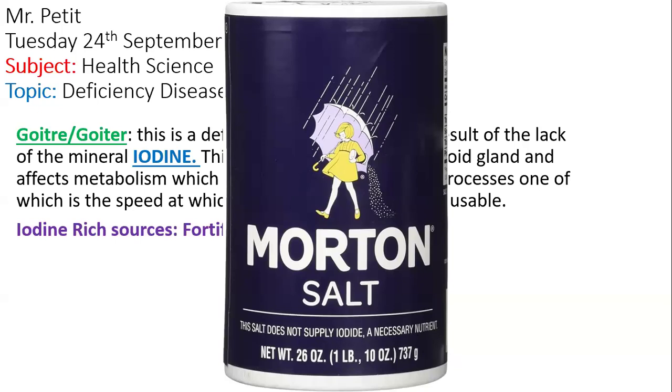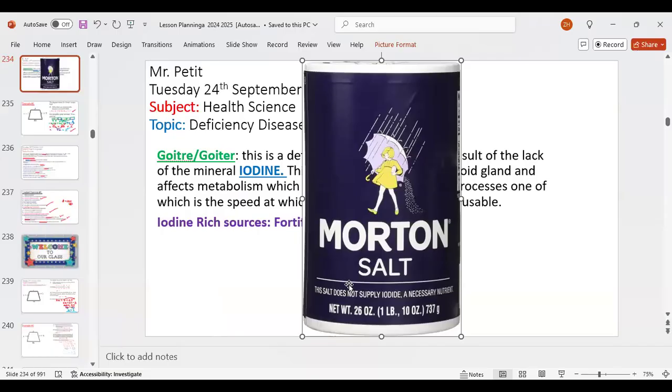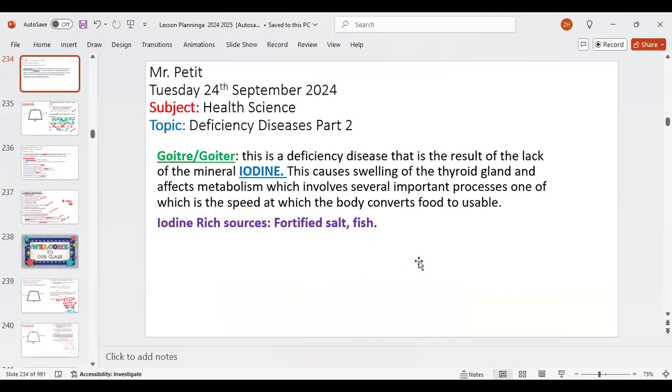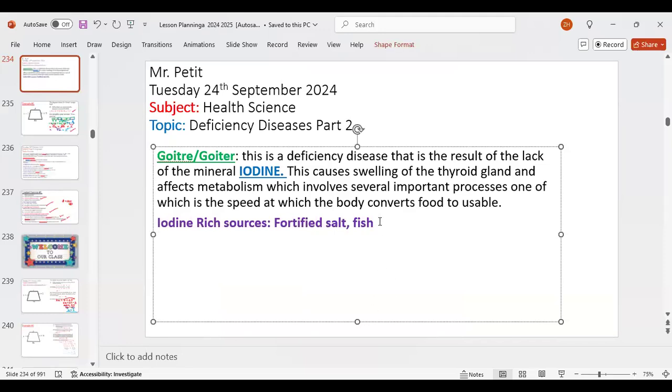So all my life I've been using salt with no nutrients? No, not that it has no nutrients, it doesn't have iodine in it, right? And they tell you it's a necessary nutrient. There are certain salts that have it, right? You have to get fortified, iodized salt, yes.